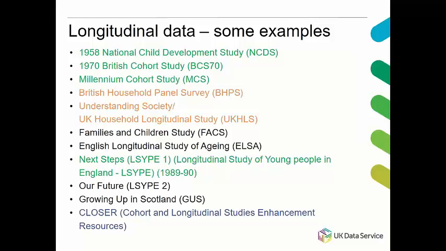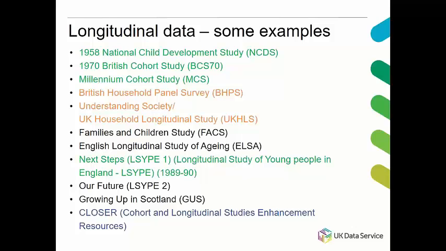So some examples of longitudinal data we make available are, and here I have highlighted in green, the birth cohort data. So there are 4: the 1958 National Child Development Study, NCDS, the 1970 British Cohort Study, BCS-70, the Millennium Cohort Study, MCS, and Next Steps, which is formerly known as the Longitudinal Study of Young People in England.